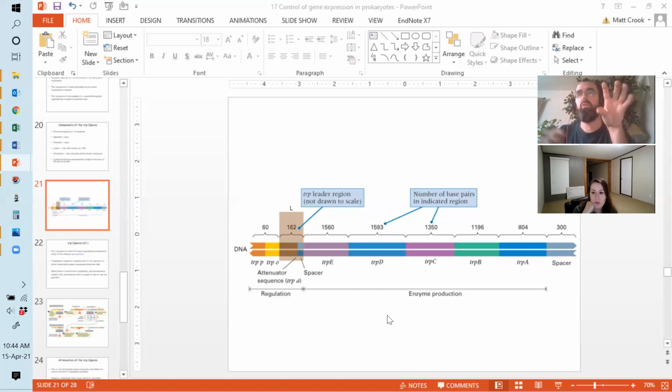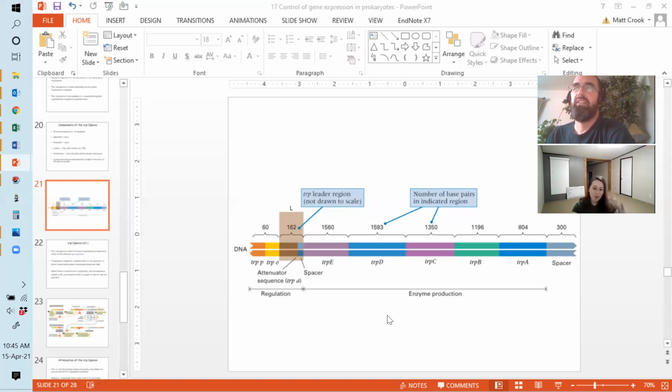The ribosome pauses, right, and allows the RNA polymerase to get a little bit ahead. Terminator loop does not form. RNA polymerase transcribes the structural genes. So you see, I wasn't lying when I said that this was complicated.